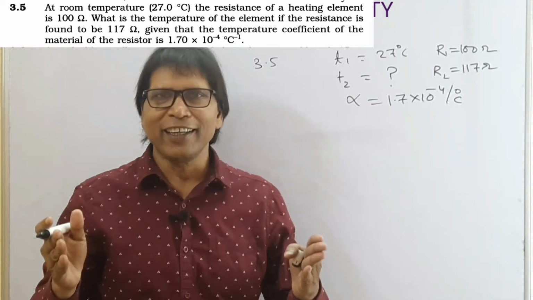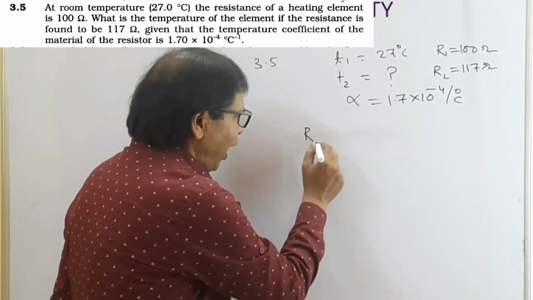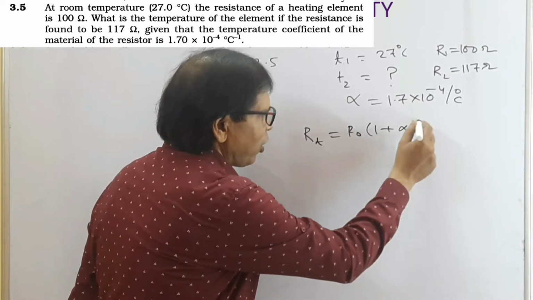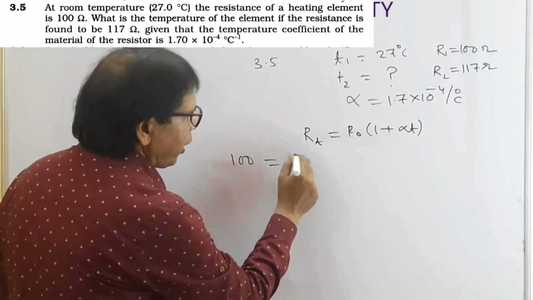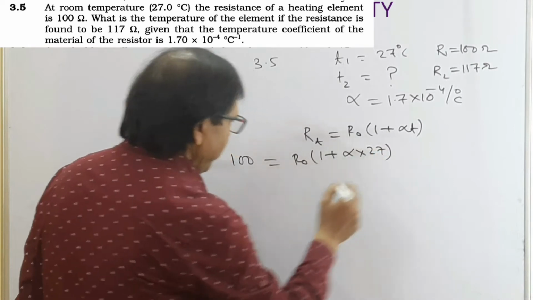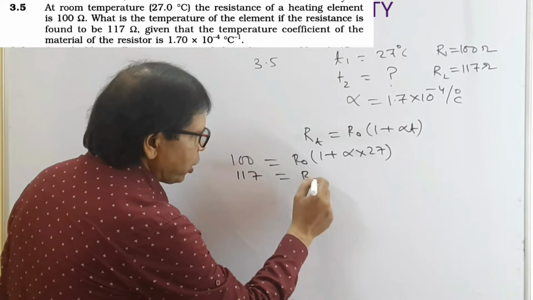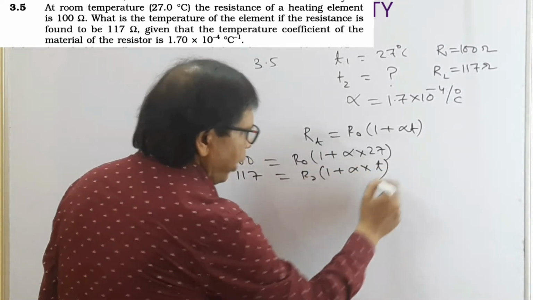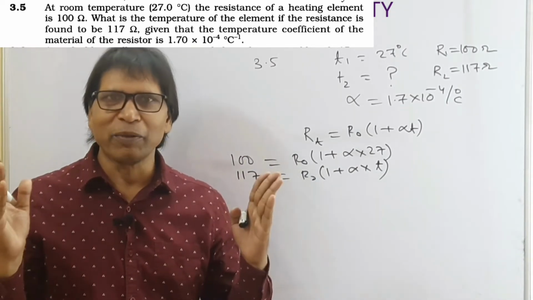The relation of resistance with temperature is given as RT equals R0 into 1 plus alpha T. Okay, now look at this. 100 equals R0 into 1 plus alpha into 27. And again 117 equals R0 into 1 plus alpha into T. Now we have to calculate T where alpha is given.